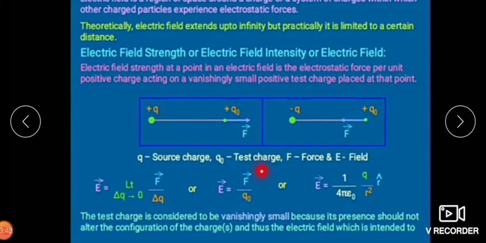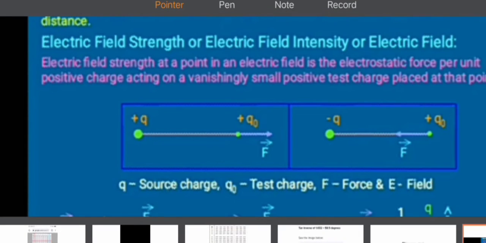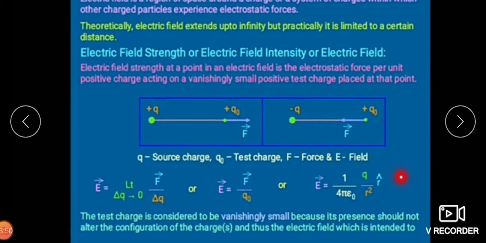Substituting the value of F from Coulomb's law, 1/4 pi epsilon 0 Q Q0 upon R square divided by Q0, the Q0 gets cancelled, and we get electric field intensity E is equal to 1/4 pi epsilon 0 Q upon R square R cap.